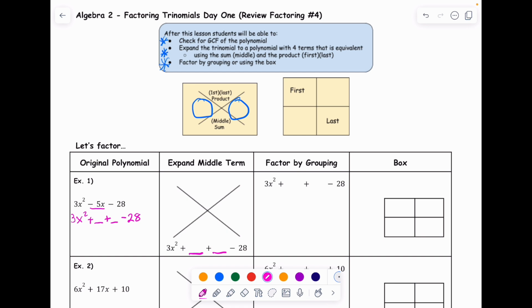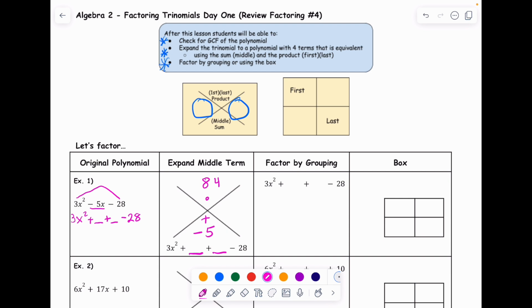Well, we know that it has to multiply to the first times the last. So you can actually write down what 3 times 28 is if you want, and you guys can write 84 down there. Or you can just write 3 times 28 because sometimes we break it down. So we're going to try to multiply to this and add to a negative 5.